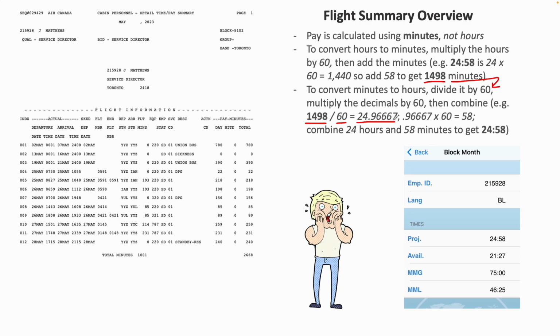We just have to change this decimal number. So we take 0.9667 and we multiply that by 60, and that gives us 58, and that's the number of minutes. So you then combine 24 hours and 58 minutes, and we get 24:58 in projected hours. So we have the same thing backwards all over again. Being able to do this conversion between hours format and minutes only format is essential when checking our pay on our flight summaries, just to make sure we're getting everything we're entitled to.